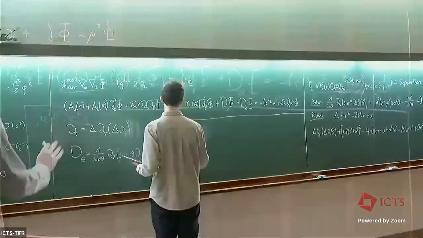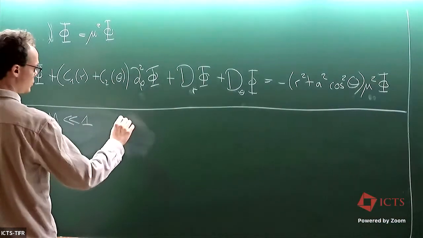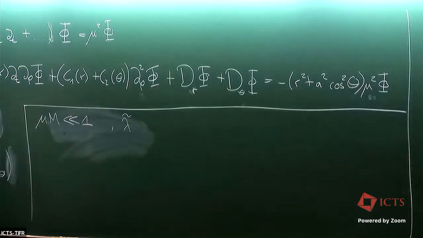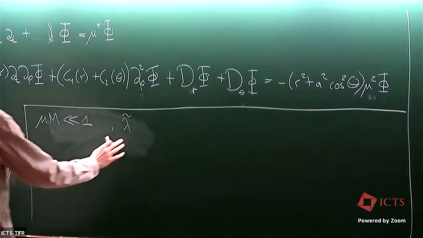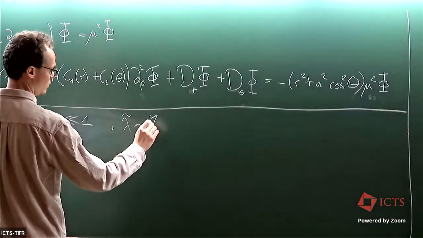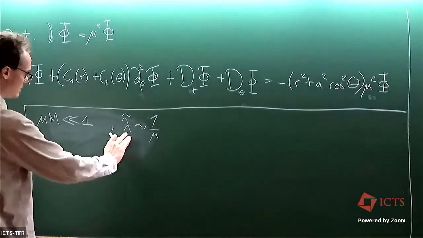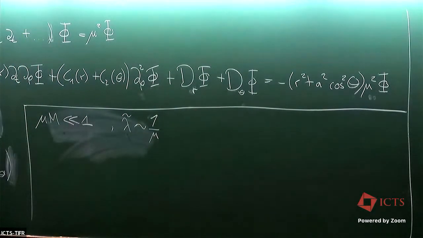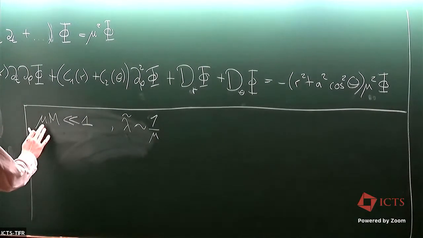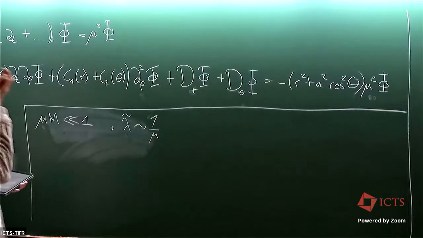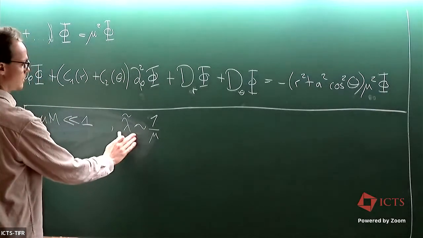And this is equivalent to the following. I can introduce a length scale, lambda tilde, which is basically 1 over mu. And to understand this lambda tilde, it's basically the Compton wavelength associated with this massive particle of mass mu. So it basically just gives you a length scale associated with the scalar field.